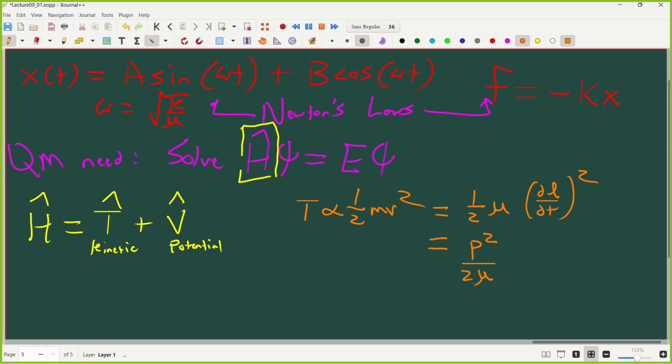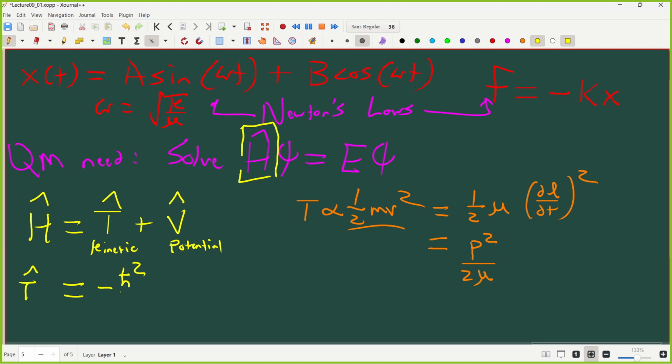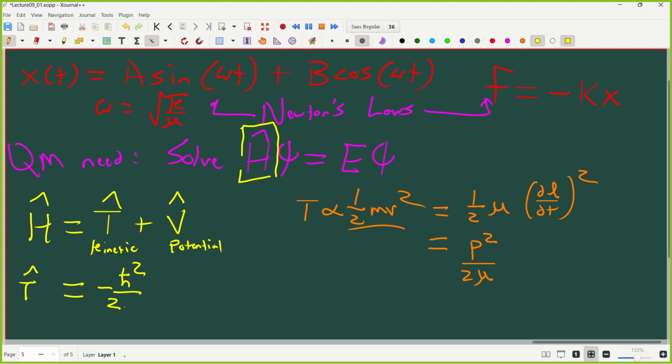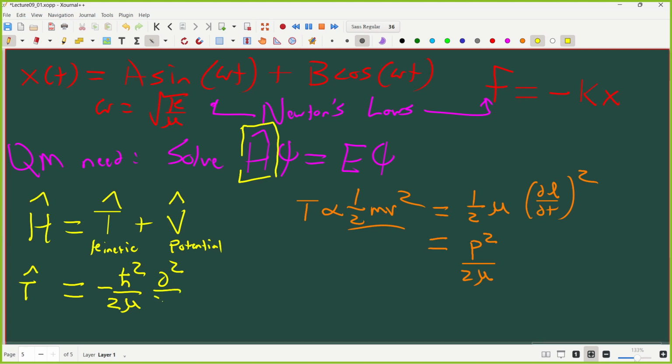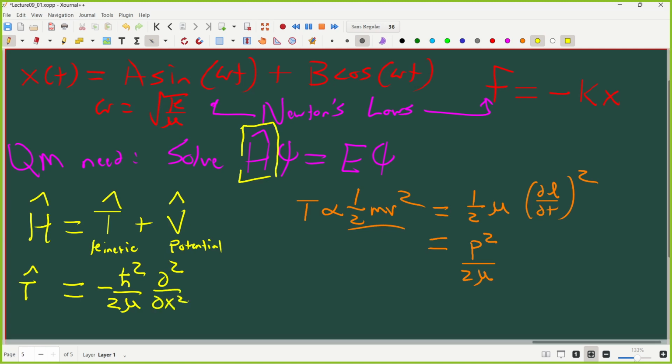This is what we did for the particle in the box. Nothing's changed: 1/2 mv squared is always the same for everything. So we don't have to do anything new for kinetic energy. We can just write it the same way we did for the particle in a box, which is h bar squared over 2 times the mass, which is mu in this case, times the second derivative with respect to the displacement coordinate, x.